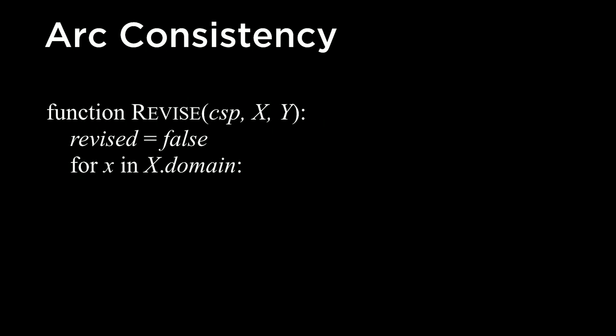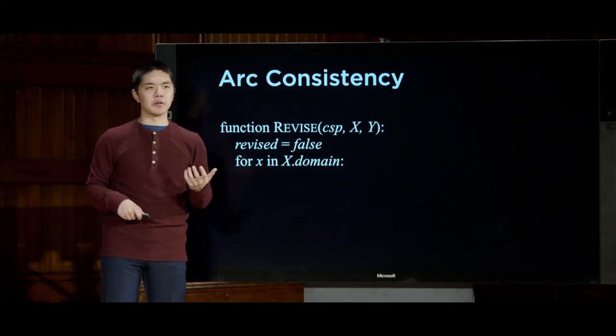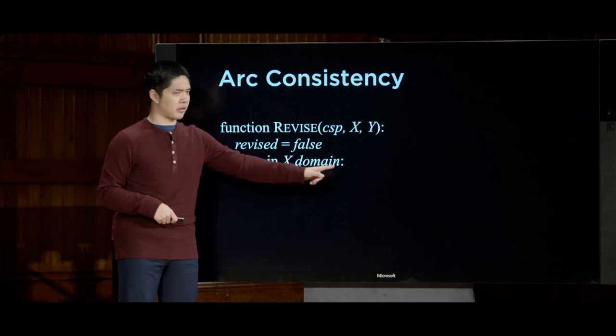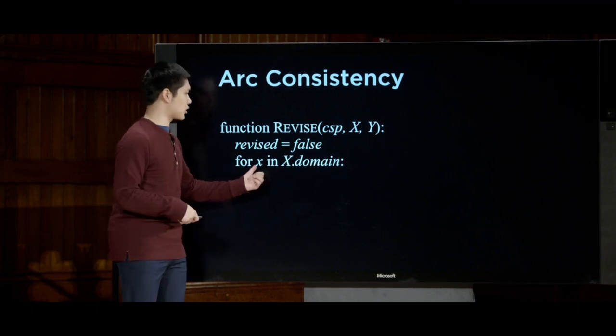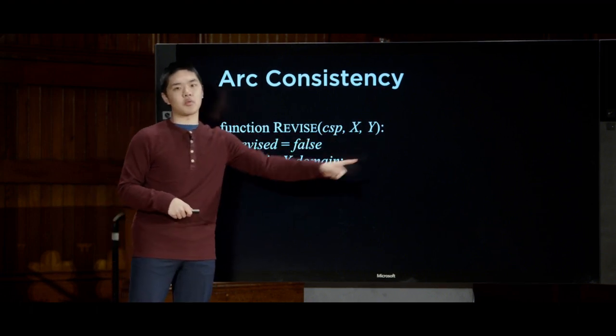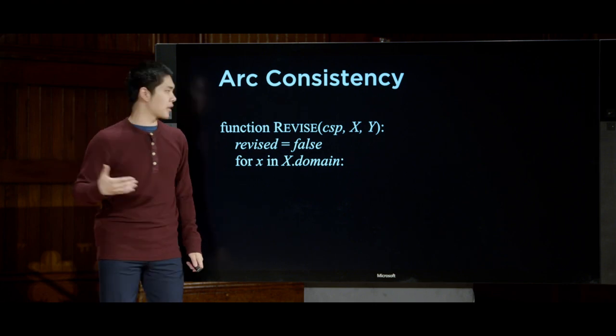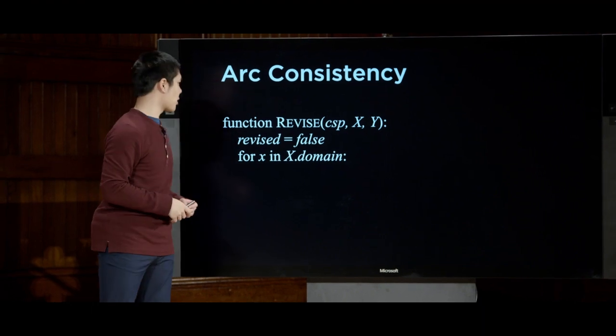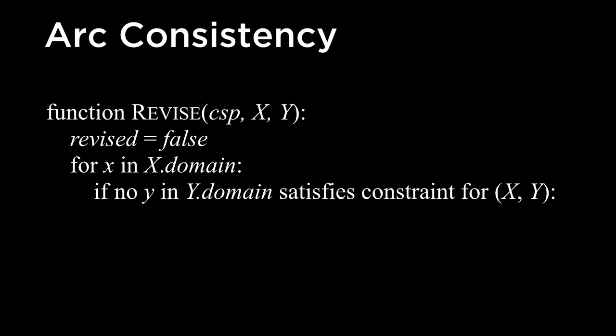Then we'll loop over all of the possible values in X's domain, for each little x in X's domain. I want to make sure that for each of those choices, I have some available choice in Y that satisfies the binary constraints defined inside of my CSP, my constraint satisfaction problem. So if ever it's the case that there is no value y in Y's domain that satisfies the constraint for X and Y, that means this value x shouldn't be in X's domain.